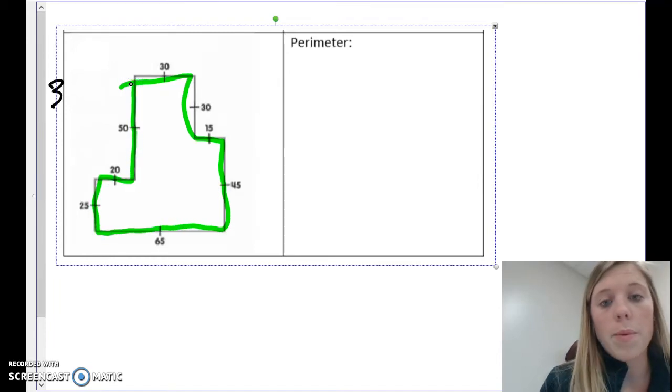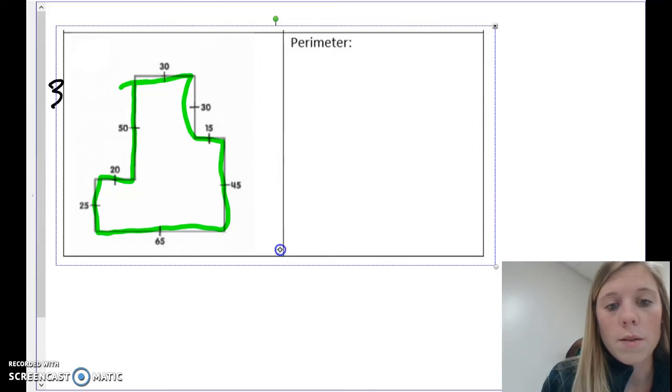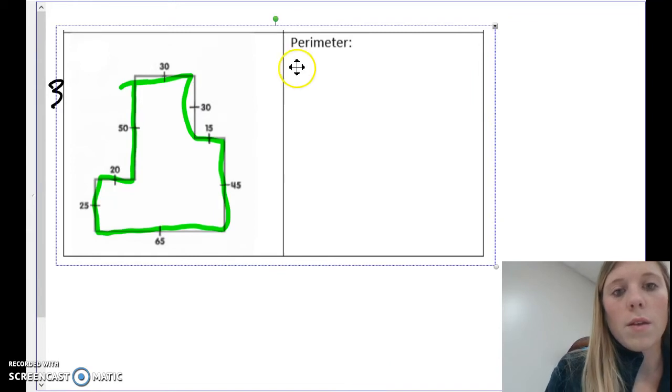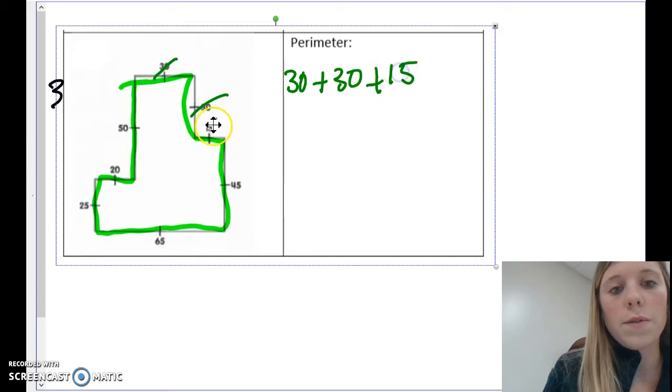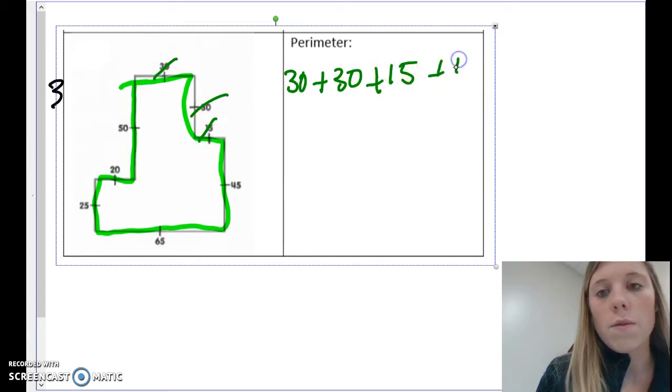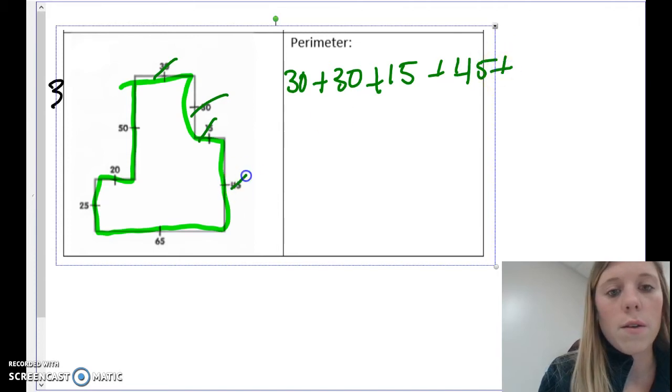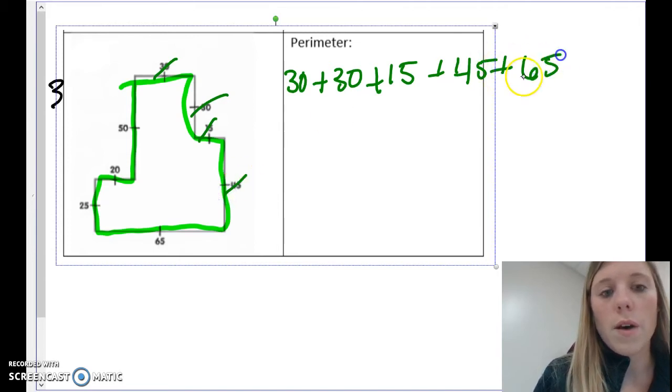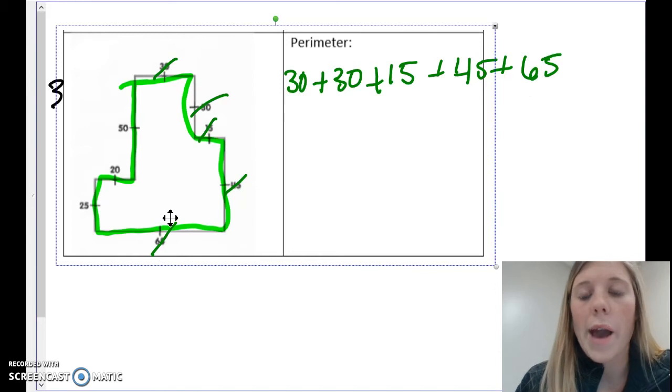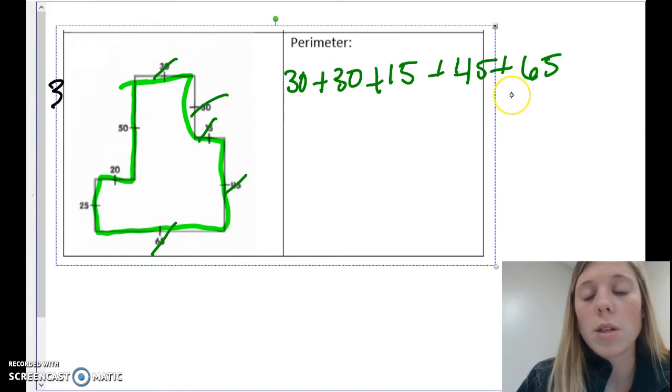So I'm adding up 30, 30, kind of cross them off so I know that I used them. 15, 45, 65. I could add these up, but I'll just make sure you know.